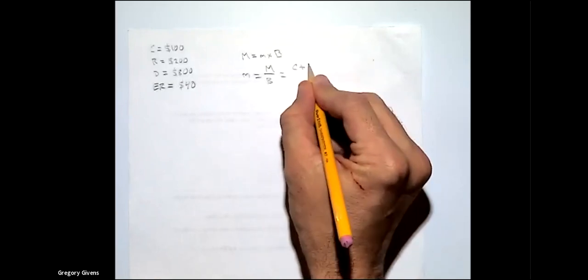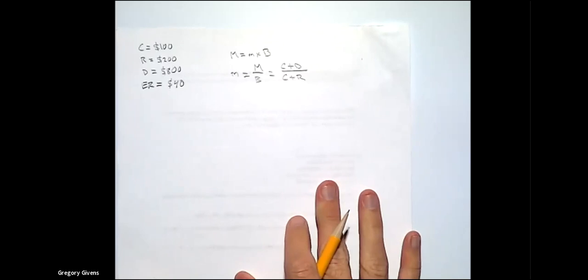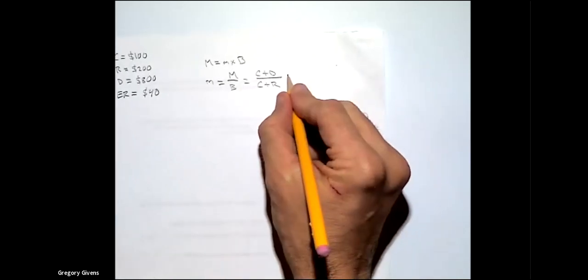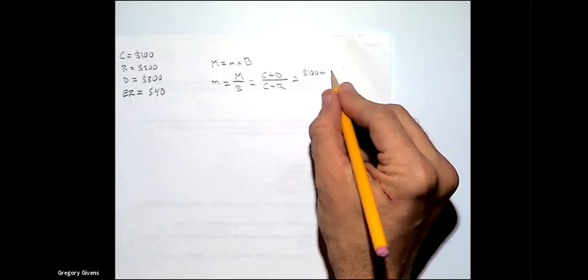Well, what's the money supply? That's currency plus checkable deposits, over the monetary base. That's currency plus reserves. Do we know what currency is? Yes, it is 100 billion. Do we know what deposits are? We do. It's 800 billion.